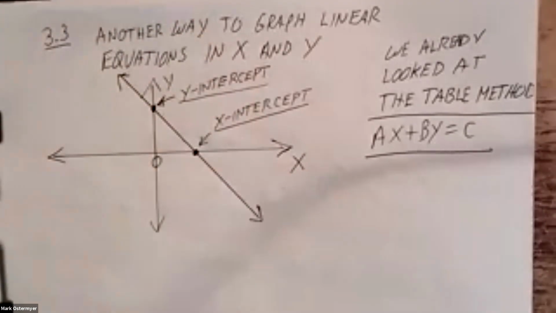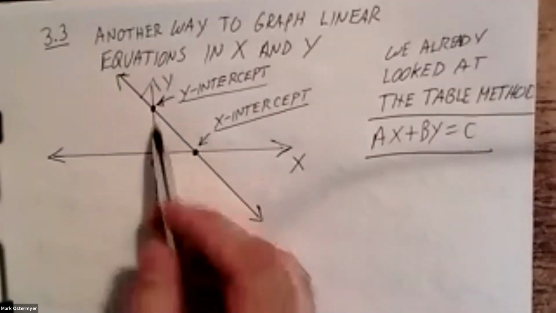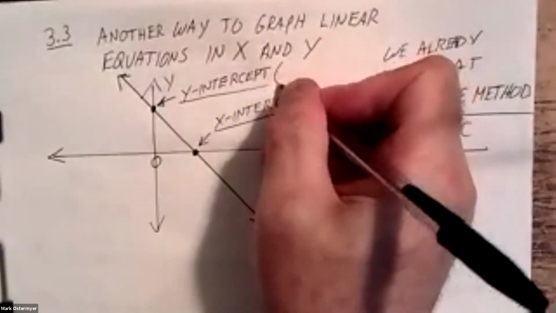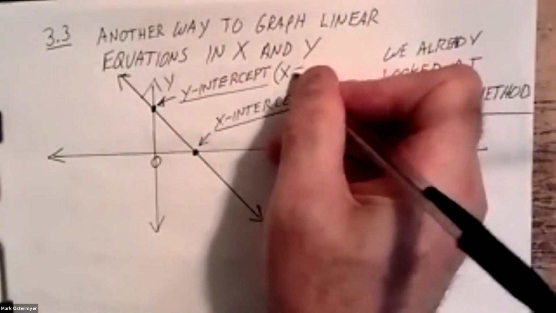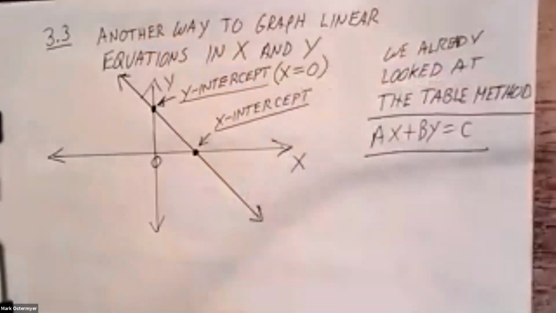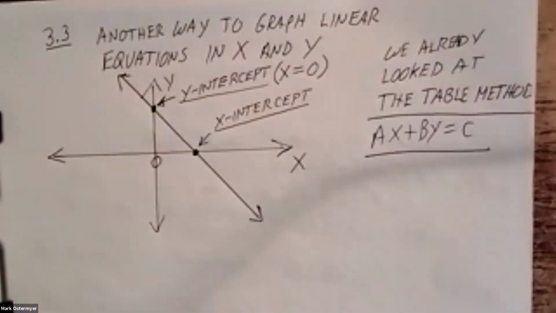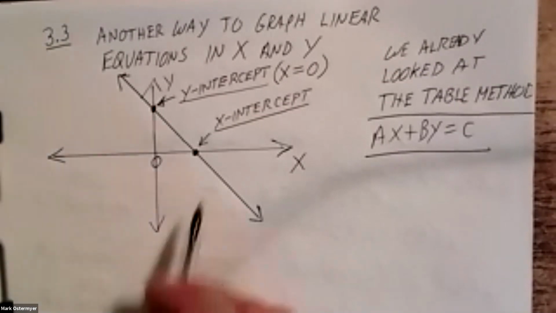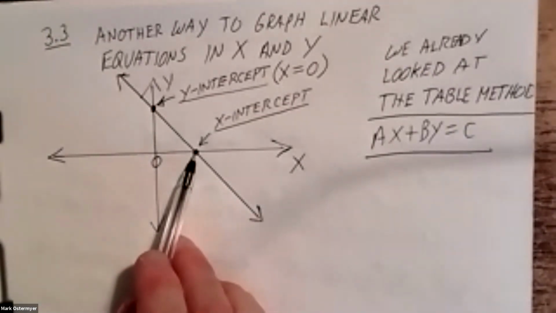Ladies and gentlemen, in order to be on the y-axis, a point's x-coordinate has to always be 0. So y-intercepts always have an x-coordinate that is 0.